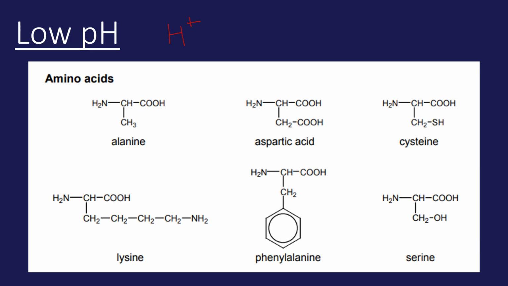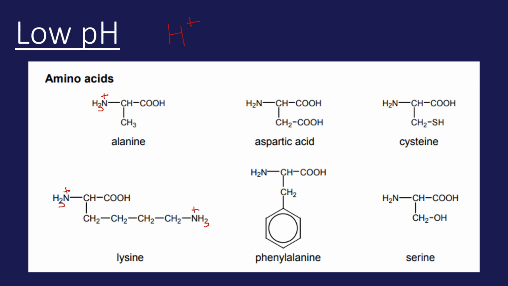So here we go. Alanine, this NH2 group here becomes NH3 with a positive charge on the nitrogen. And remember to check your side chains. So next one, lysine, this becomes NH3 plus. Oh, side chains, got an amine group in. There we go. So that'll become NH3 plus.